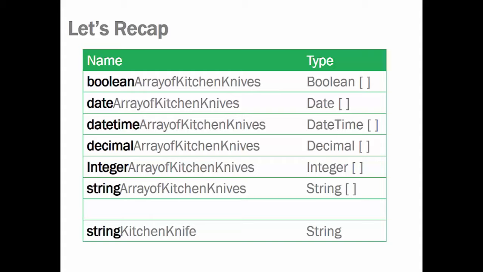All right. So we've been through all this, and let's quickly recap before we jump into a demo. The first one we created was a Boolean array of kitchen knives by using the Boolean type. The second one was a date array, date and time array, decimal array, integer array, string array, and finally the last one, which was a single example, was just a string of just a kitchen knife.